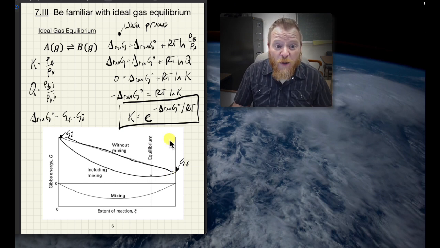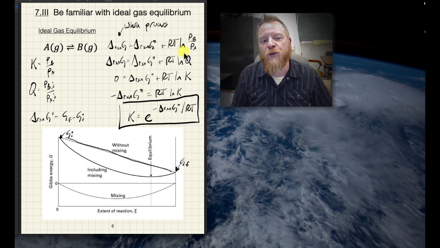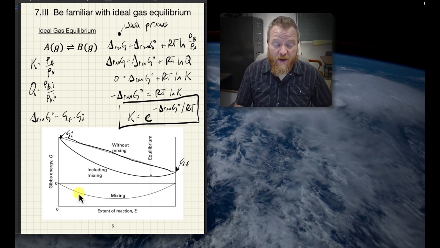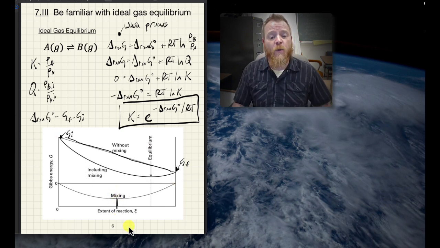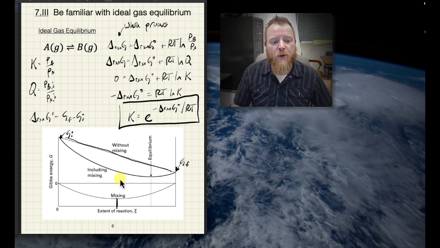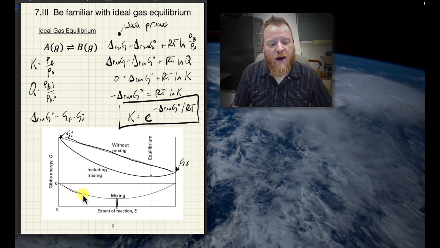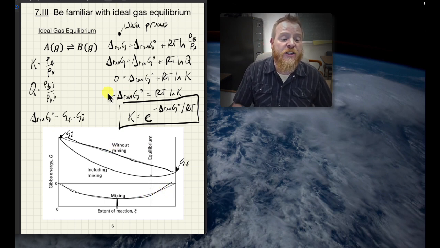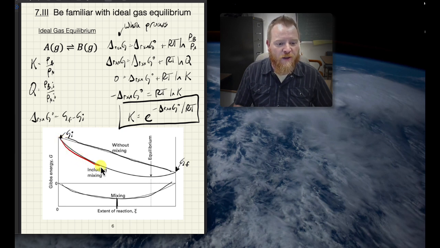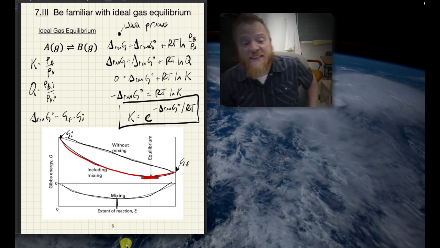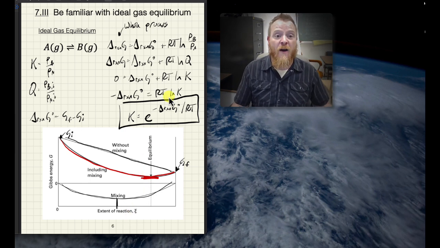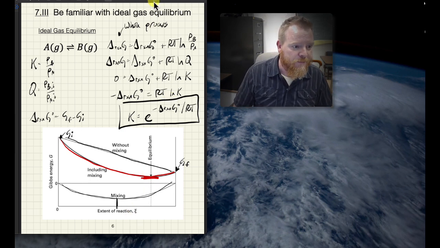What we also have to remember is this whole RT natural log term, which describes the mixing quantity right there, and for this simple mixture of A and B, that always has that 50-50 mixture. So when we add the delta G of mixing, adding this line to this line, we get the delta G for the whole process, which I'm going to outline in red right here. By adding those two lines together, we see where the delta G of the whole process is equal to 0, and thus where we find our equilibrium.